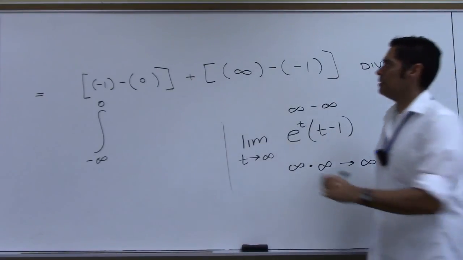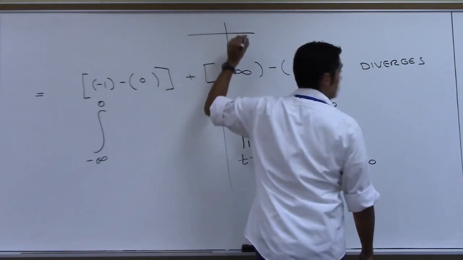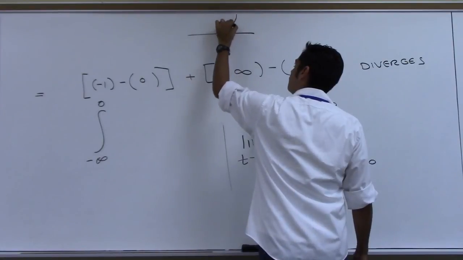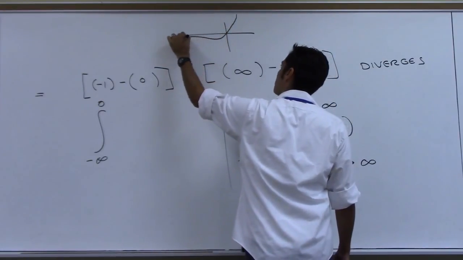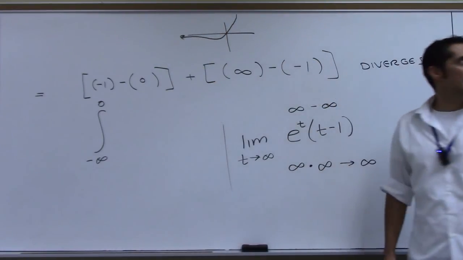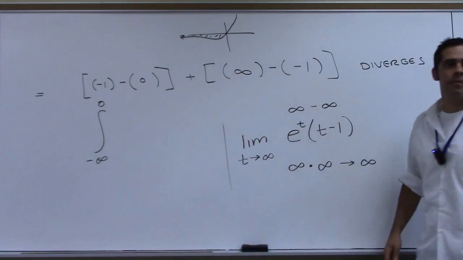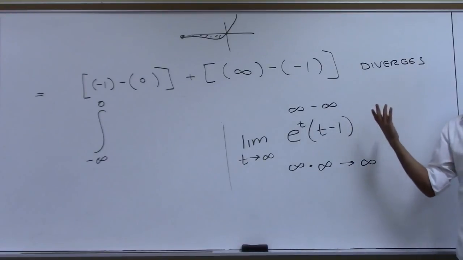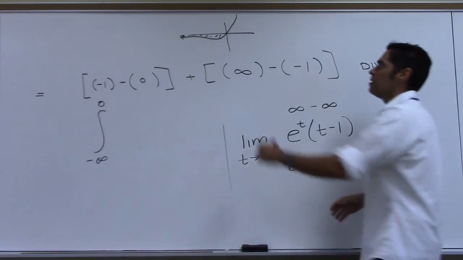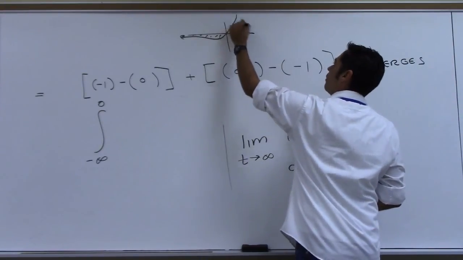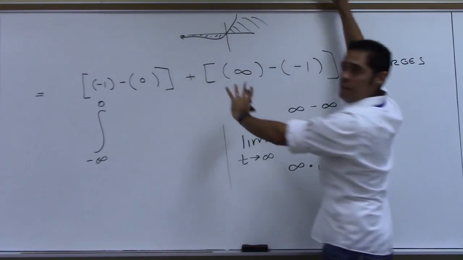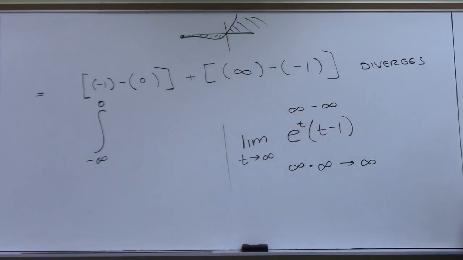We actually have our graph going below, and then it tapers out like that. That area to the left of 0 is -1. But when you bring in the other side, it's pretty obvious that if we go out that direction forever, that area just gets infinitely large. Do you see it?